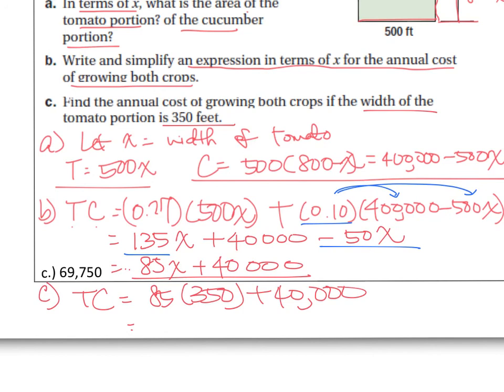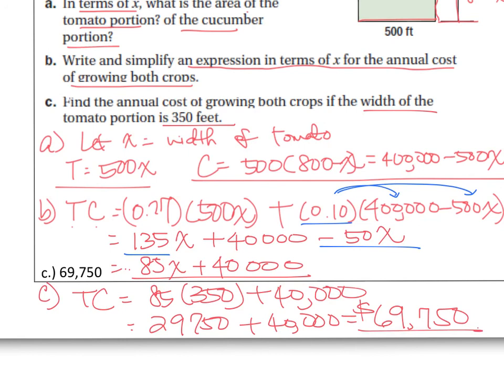And after doing the math, it should be 29,750 plus 40,000. You should get $69,750. And that concludes our lesson.